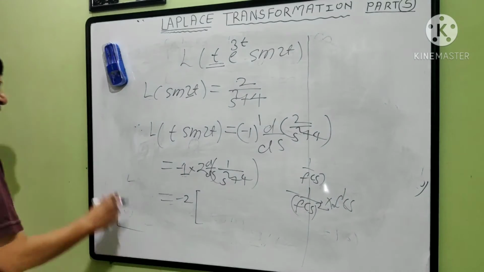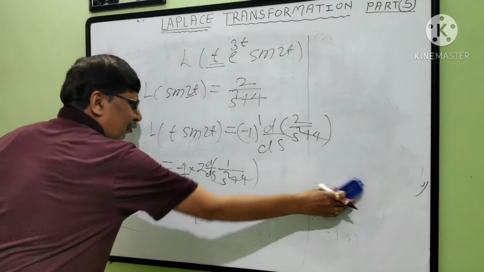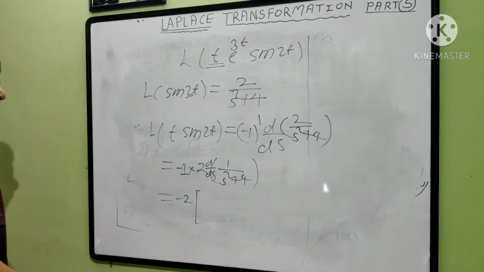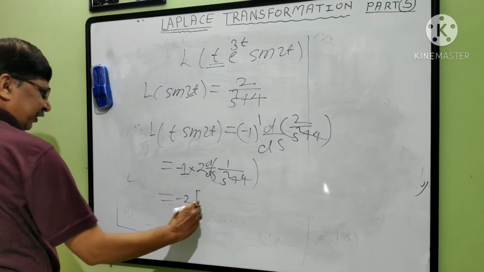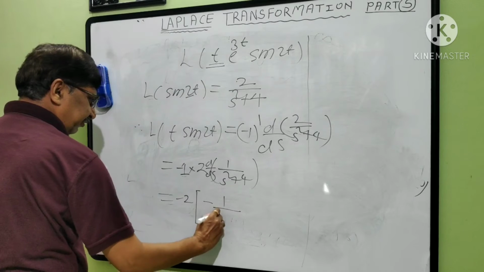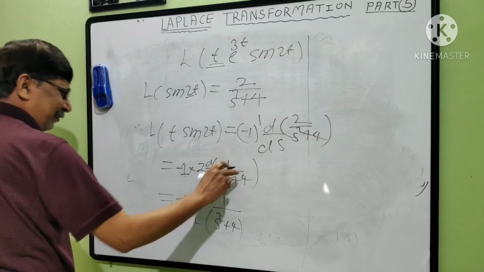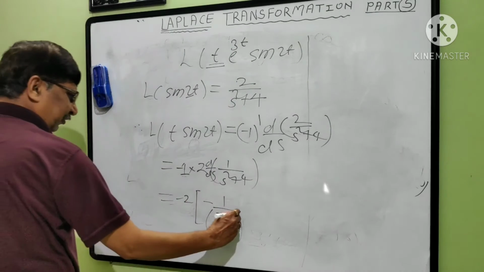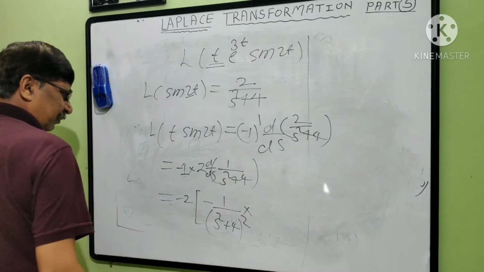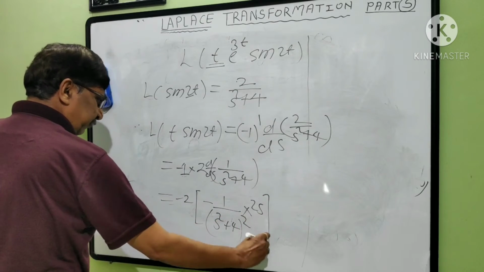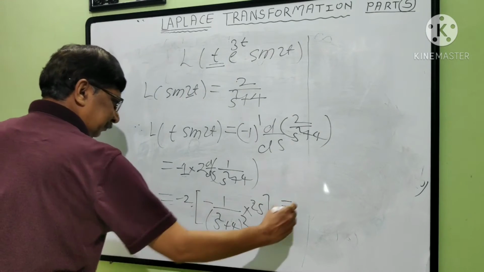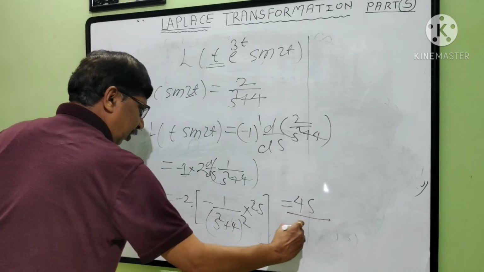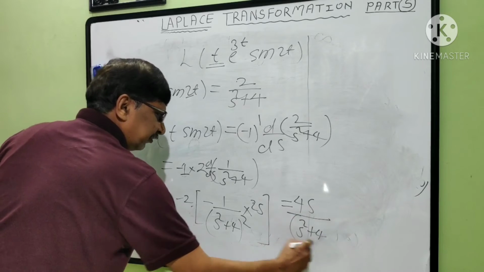Okay, derivative of 1 upon x is minus 1 by x square. Here 1 by s square plus 4 means minus 1 upon (s square plus 4) whole square. Otherwise you apply the u by v rule, (s square plus 4) whole square into derivative of s square plus 4, that is 2s. Okay, 2s, minus minus plus, 2 into 2, 4, 4s upon (s square plus 4) whole square.